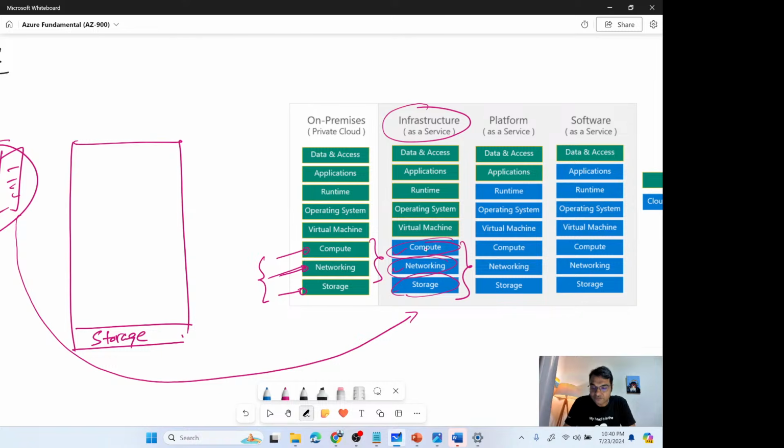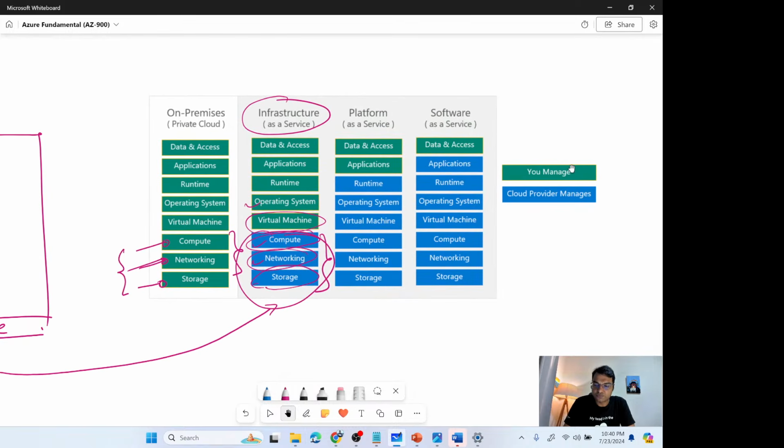So in infrastructure as a service, only infrastructure is provided by the cloud provider. Then on top of it, the virtual machine you will manage. Operating system, which is Windows or Linux, you manage. So you can see green is what you manage and the cloud provider is blue, right? And then runtime, applications, data, access, all that you manage. Now, in your laptop, what do you have typically?